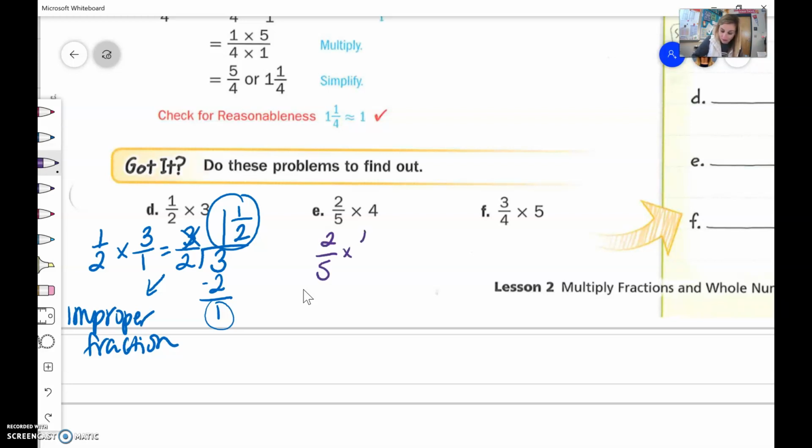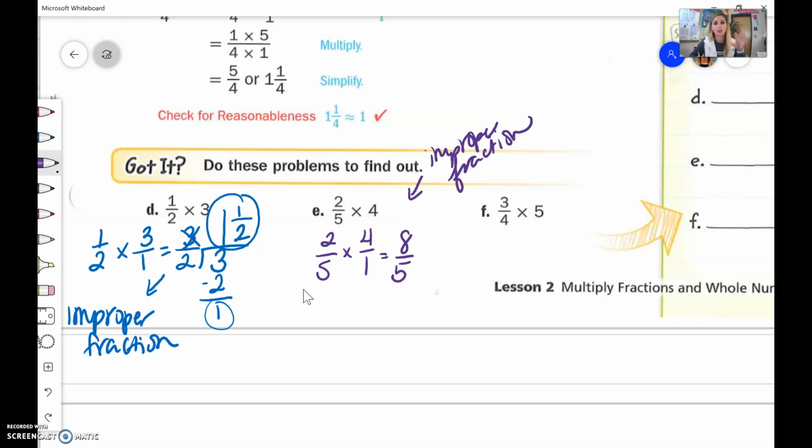2/5 times 4 over 1. 2 times 4 is 8. 5 times 1 is 5. Can I leave it as 8/5? No, my numerator is bigger than my denominator, so therefore, again, that is an improper fraction. We're not simplifying because we don't have a proper fraction.